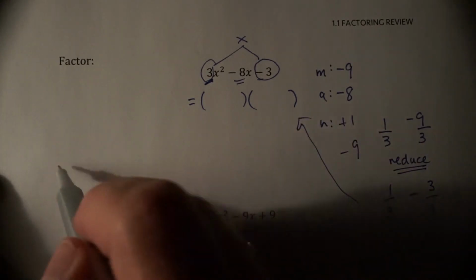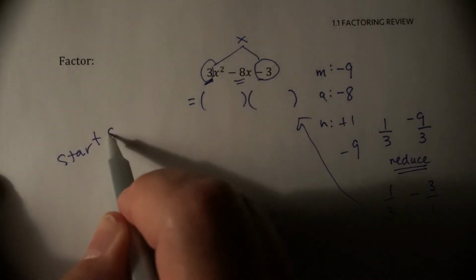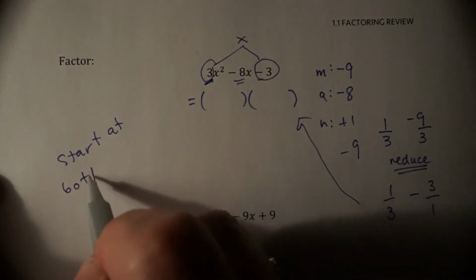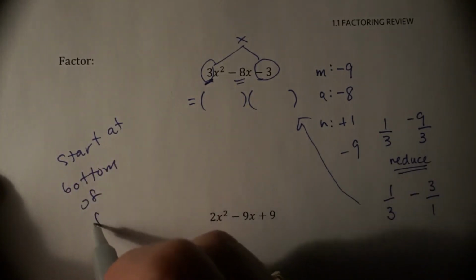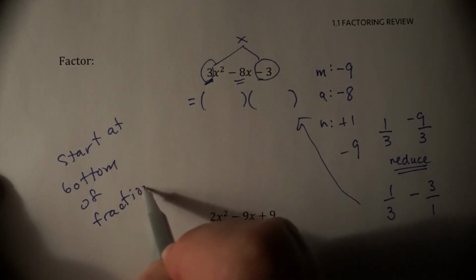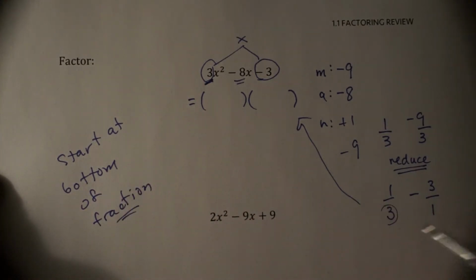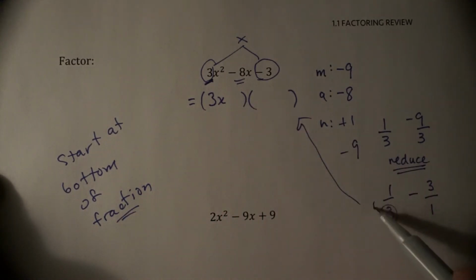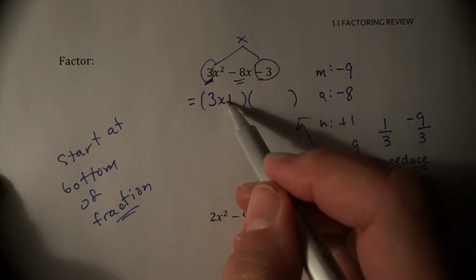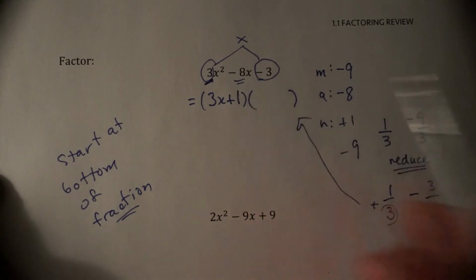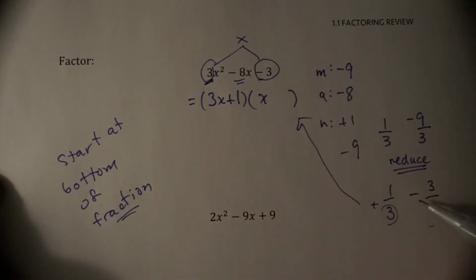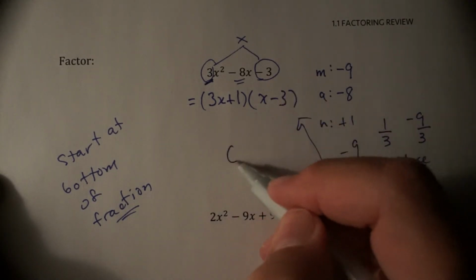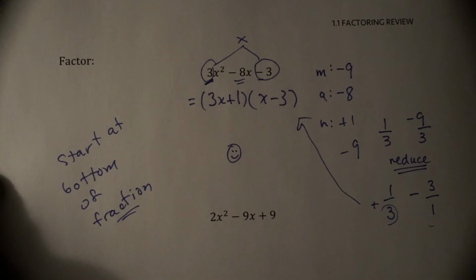We start at the bottom of your fraction. So the 3 goes in here. 3x is the positive sign in front, plus 1. And same thing on the bottom, 1x, or just x, negative sign, negative 3. And we're done. Wasn't that easy?